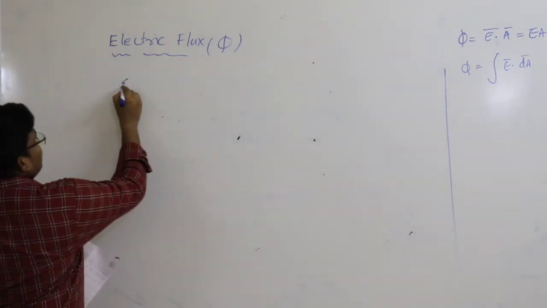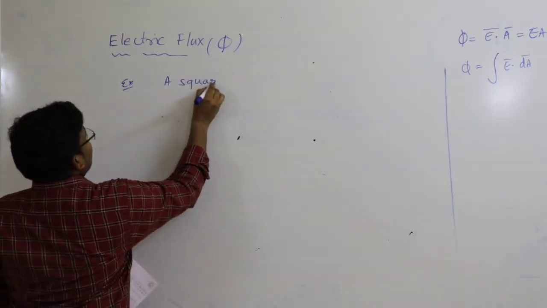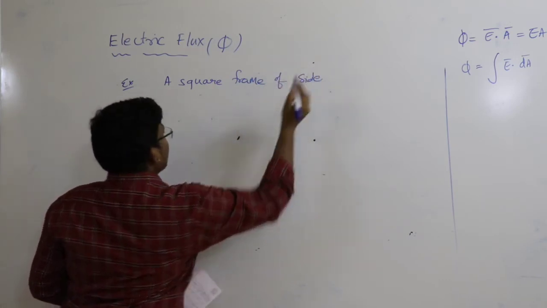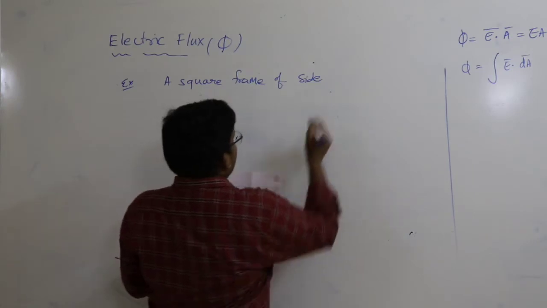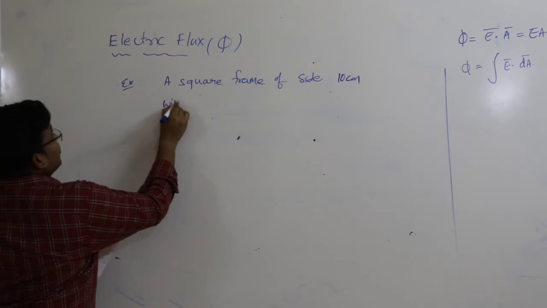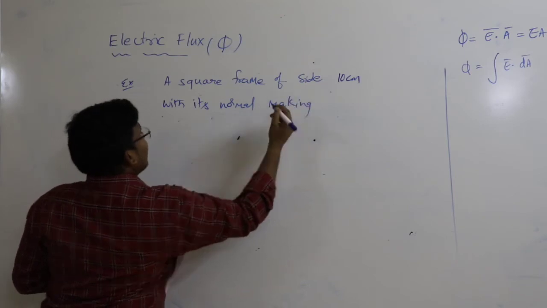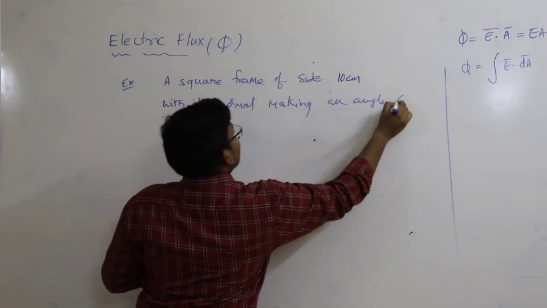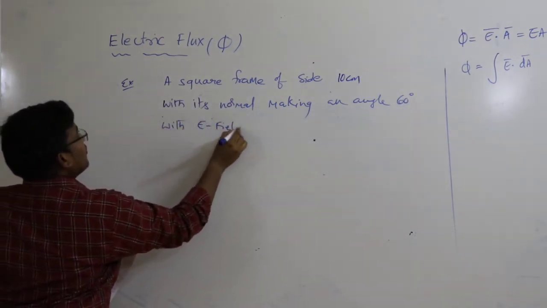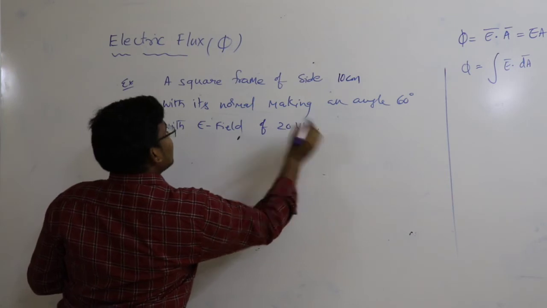the first example is, there is a square frame of side 10 centimeters with its normal making an angle of 60 degrees with an electric field of 20 volt per meter.